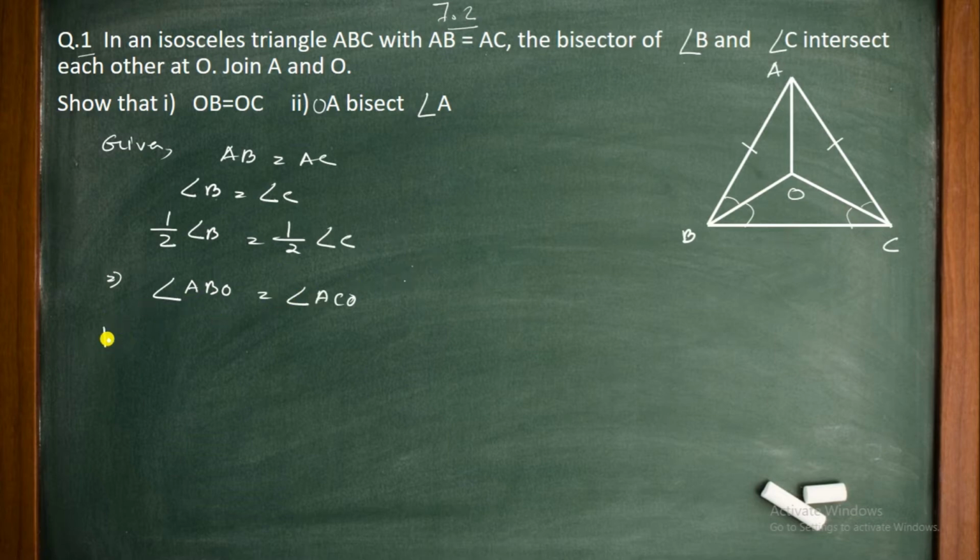Now in triangle ABO and triangle ACO, we have AO common. AO common, you can see in both the triangles AO is common, so it is a common side.